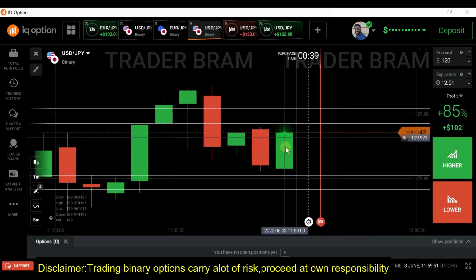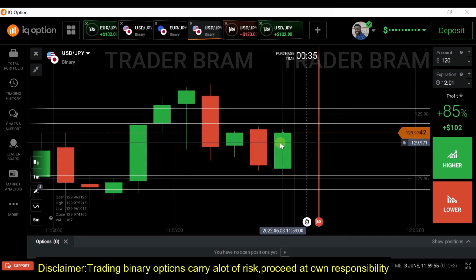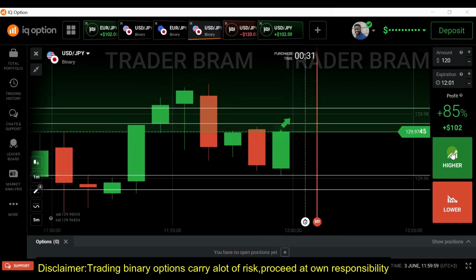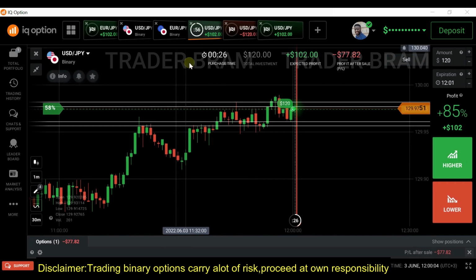So very strong bullish candle. So then the next candle is likely to break the area of support and resistance.